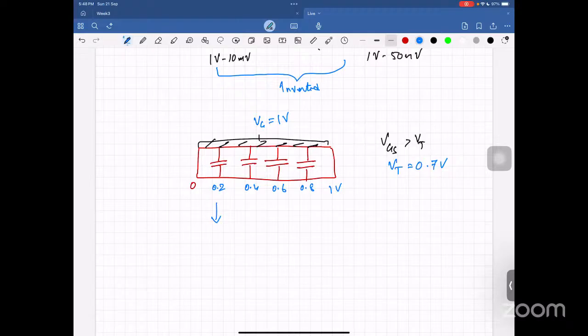Let me take Vs equal to 0 and VDS equal to 1 volt, but in between the channel your voltage is something in between, some Vx, that is varying across it. I'm assuming that it's linearly varying. It may or may not be the case, but let's assume that for a moment. So now at this point, what is Vg minus Vx?